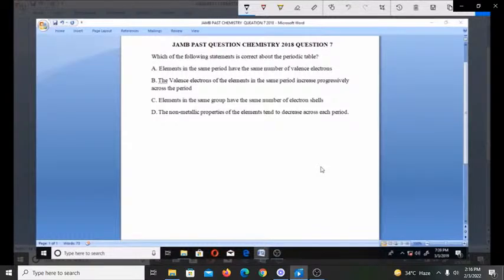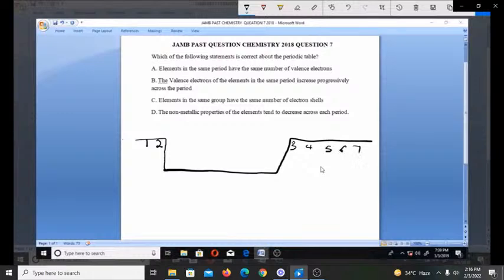Now, we know that the periodic table is the arrangement of elements according to their atomic numbers, and basically they are arranged into groups of 1, 2, 3, 4, 5, 6, 7, and finally 8, which is actually group O. So that is the groups of the periodic table.